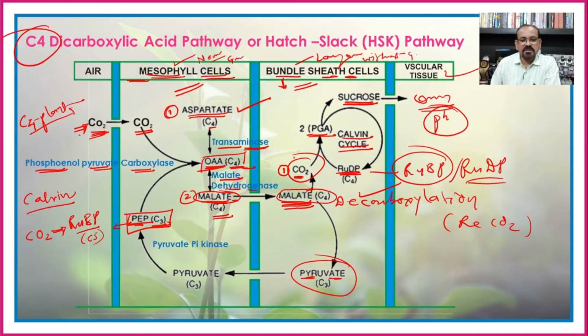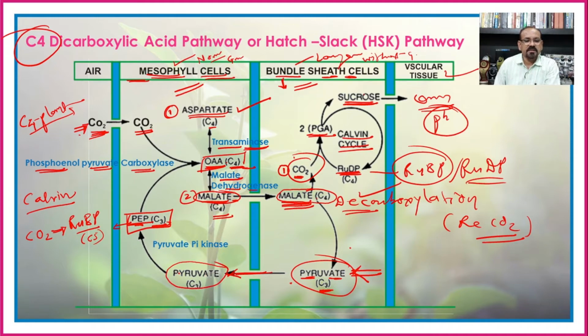Now, in addition to the release of carbon dioxide, there is formation of pyruvic acid, that is pyruvate, again a 3 carbon compound. As there is a decarboxylation, the 4 carbon compound converts into a 3 carbon compound after releasing the carbon dioxide. This pyruvic acid is again transported to the mesophyll cells.